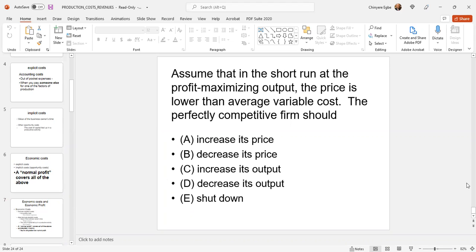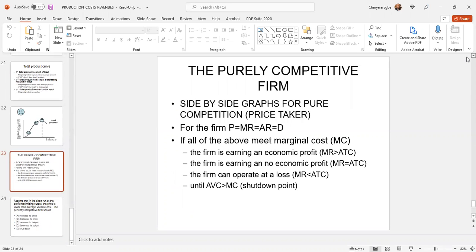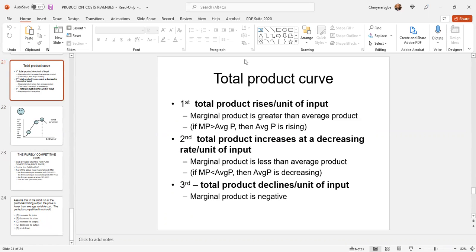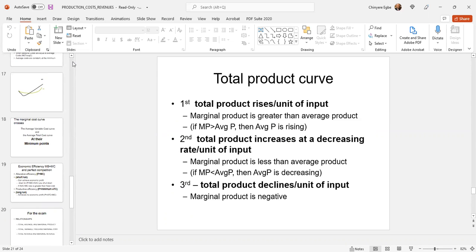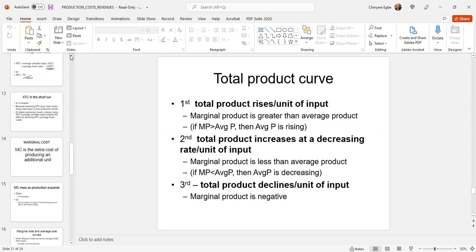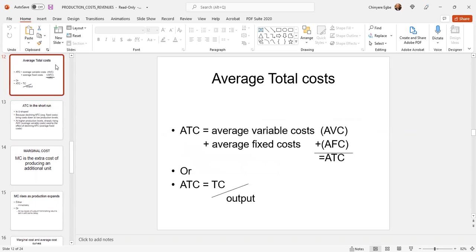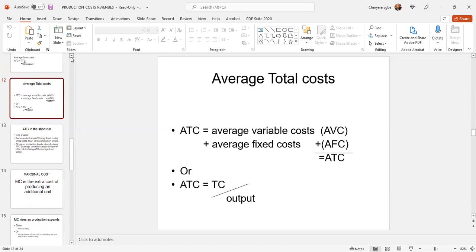Now, basically, what we're going to talk about here is how businesses operate in terms of how they stay in business, how they stay out of business.